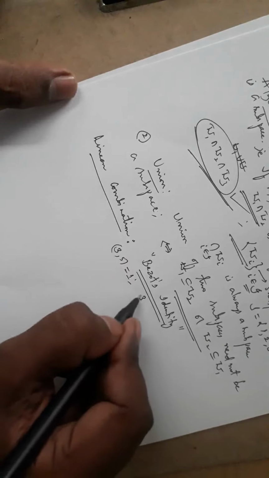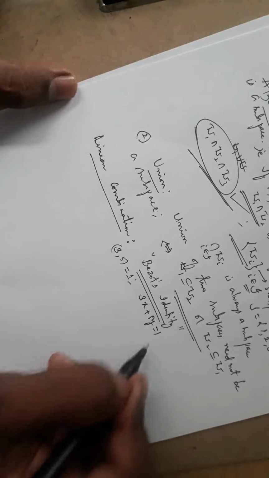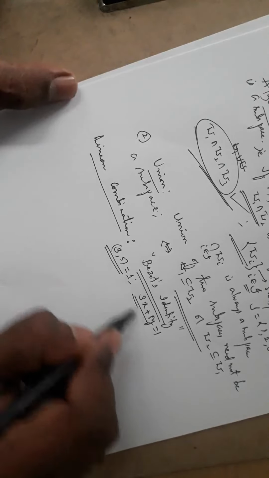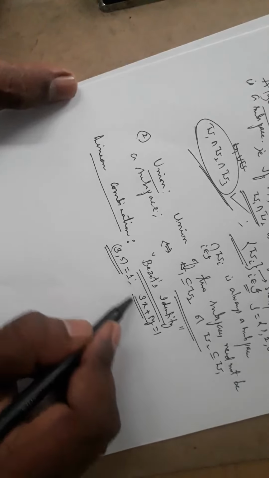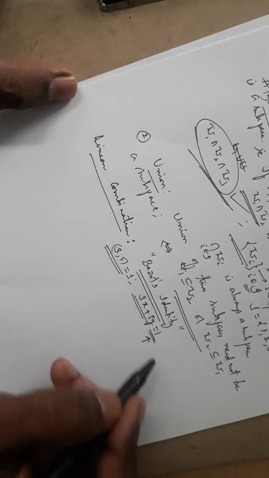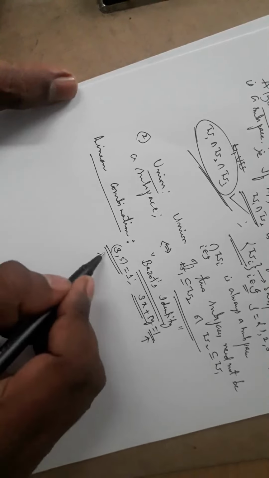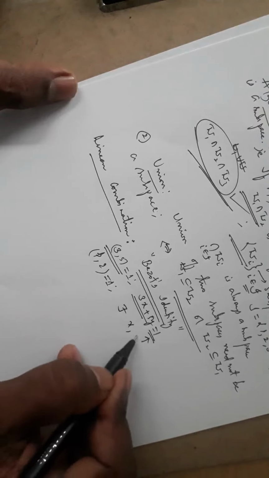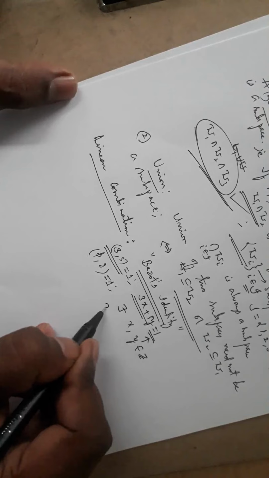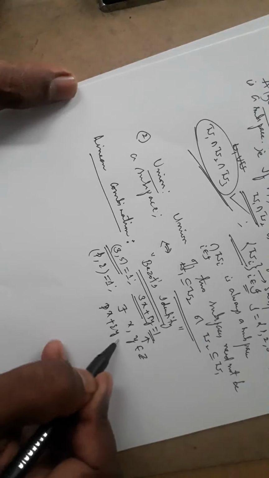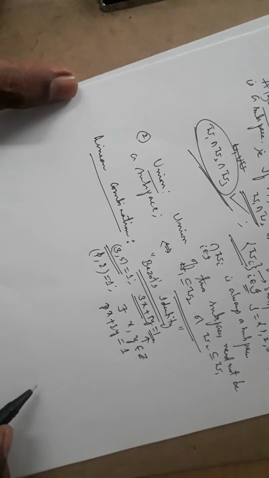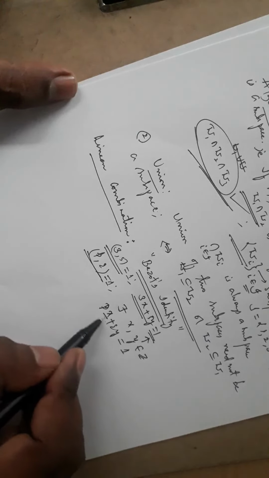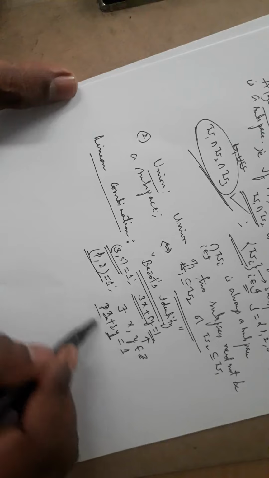So what else can you write? 3x plus 5y equals 1. Whenever the GCD is 1, you can write it as a linear combination of 3 and 5 which sums up to 1. Or else if p and q are relatively prime, there exist integers x and y belonging to Z such that p times x plus q times y equals 1. That means whenever the GCD is 1, you can write 1 as a linear combination such that its sum equals 1.